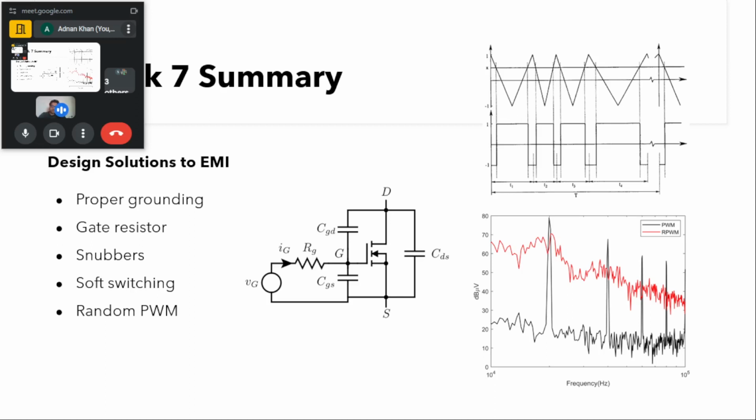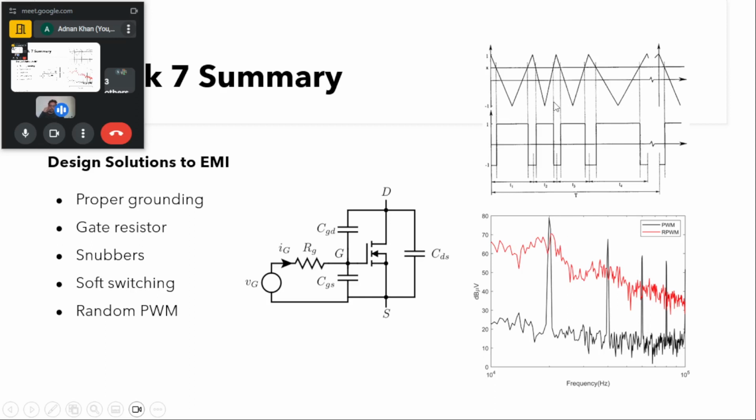The other thing is random PWM. As you can see here, usually the PWM is in a repetitive fashion. But if it is in a repetitive fashion, then the noise is getting generated at a particular point, at a particular frequency. If you can see here, in this spectrum shown in black, we have peaks at a particular interval because of the normal PWM.